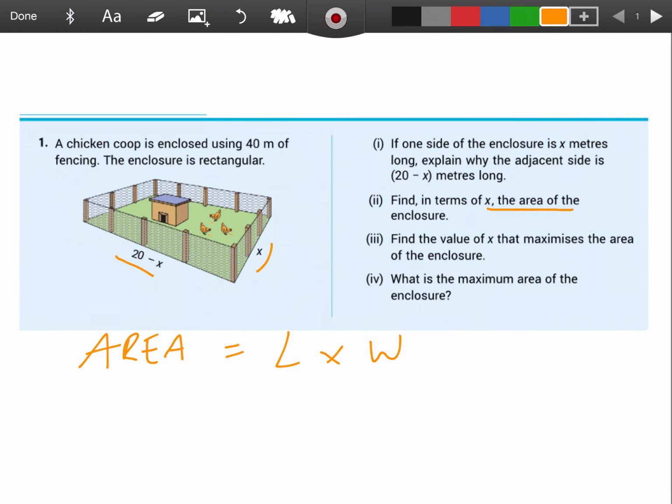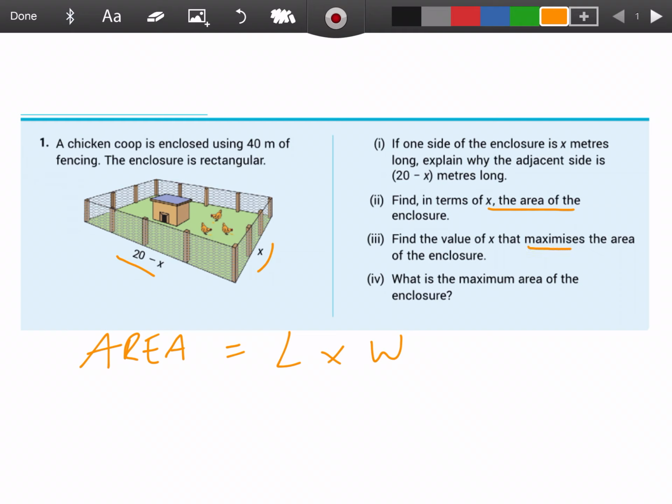Now we're getting on to the differentiation part, so the stuff that we've been doing most recently. Find the value of x that maximizes the area. So I'm talking about the max area of the enclosure. So the way to do this, I have my formula for area, which was 20x minus x squared. First and foremost, that represents the area.